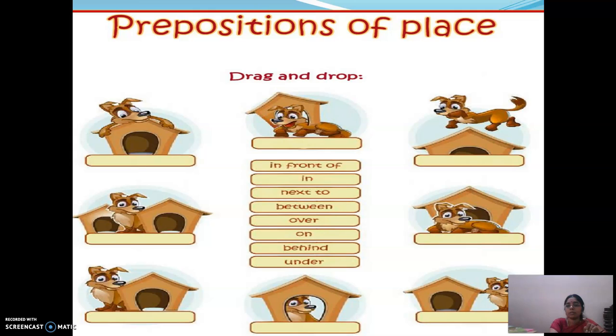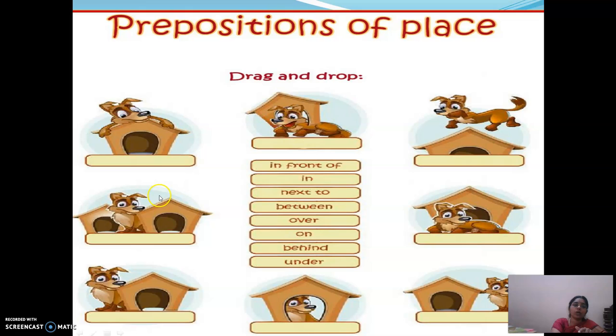Now this is the homework for you. Match the preposition of place. So starting from the first picture on the top of the match area, right? This is number 1. You have to match here.